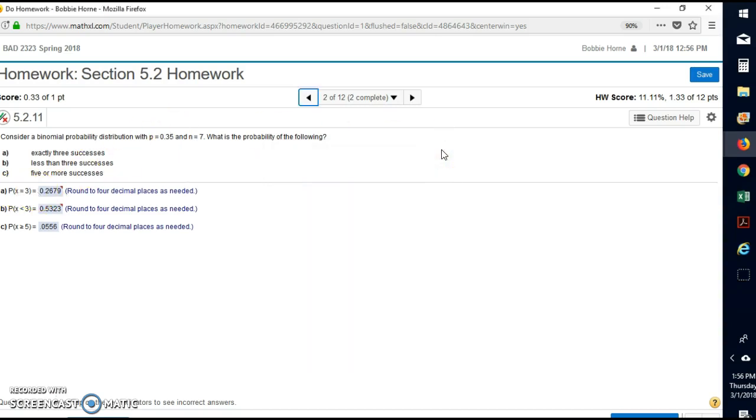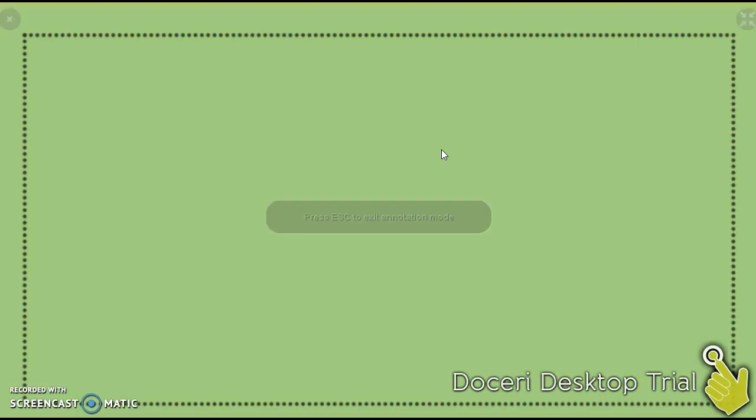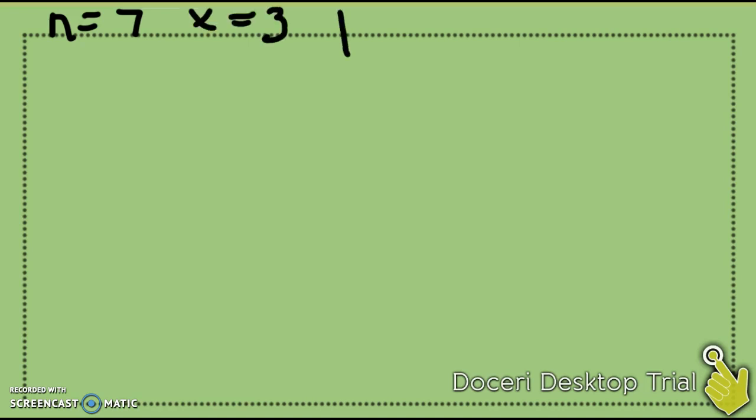Sorry, I had to make sure I was on the right problem. Alright, so we know that N is 7. For this first part, X is going to equal 3, and the probability of success is 0.35.